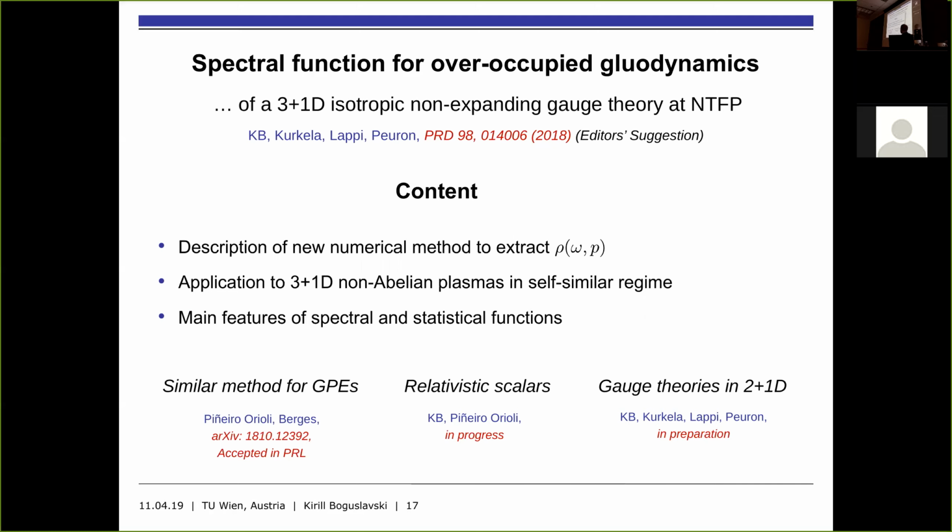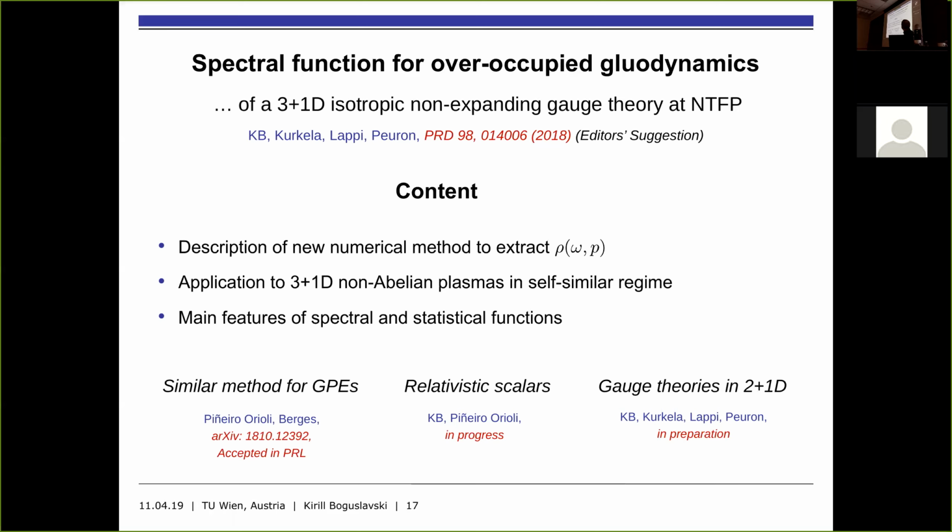I will talk about main features of spectral and statistical functions, but there is a very similar method used for Boltzmann equations by my collaborators that I will also probably flash afterwards. Then I want to talk a little about relativistic scalars, which is still work in progress. All of that will discuss exactly this non-thermal fixed point in the infrared that seems to be so universal, but when you look deeper into it, it has very interesting structure.